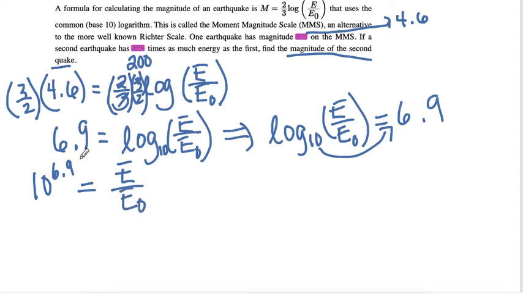Now we're going to take this a step further and solve for E, the energy. Here we can multiply both sides by E naught, and what we're left with is E equals 10 to the 6.9 times E naught.